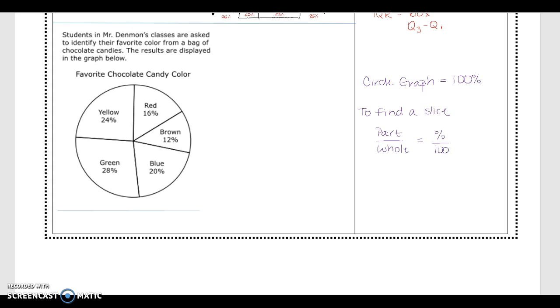So let's say we're talking about a bag of candies, and let's say that there's, I don't know, 100 candies in the bag. So we're going to use the proportion. Let's say they want to know how many green, okay? So if we're looking at how many green candies, I'm going to do percent over 100 equals x over 100, right?